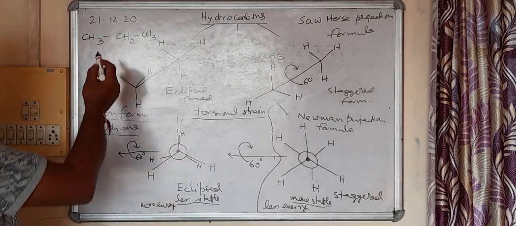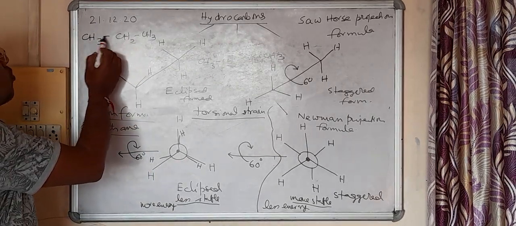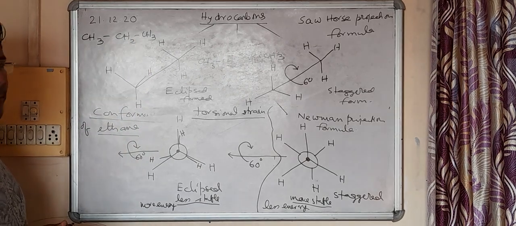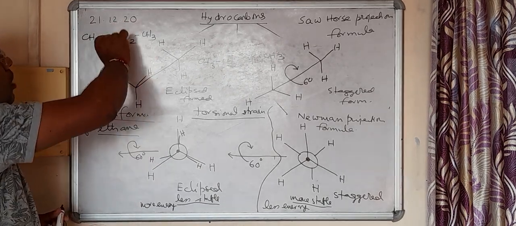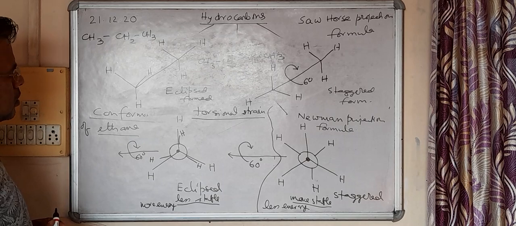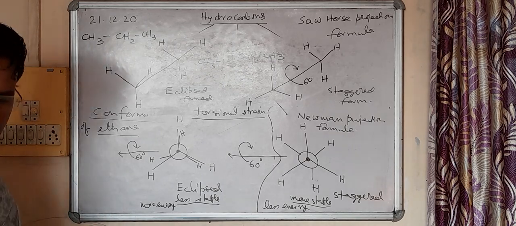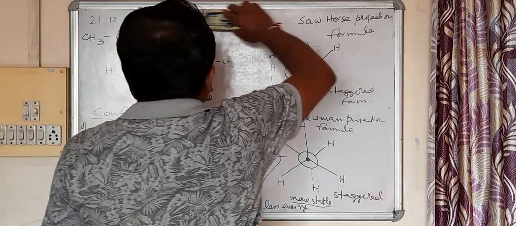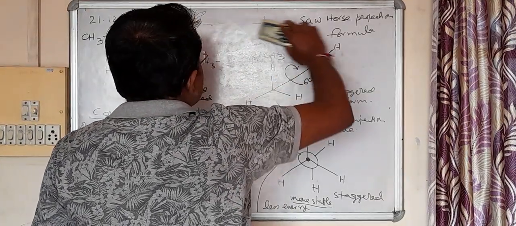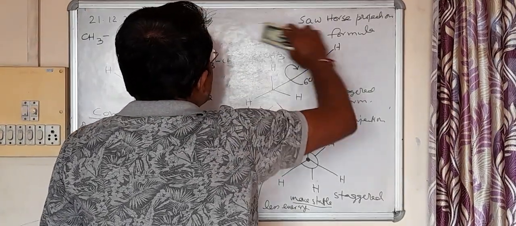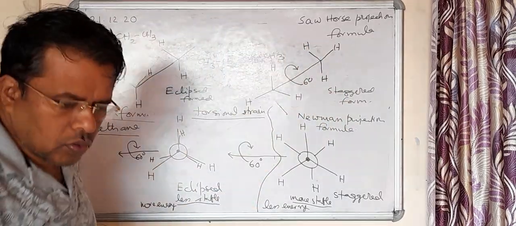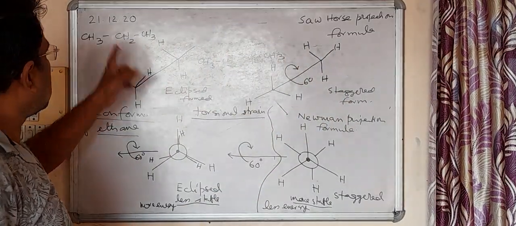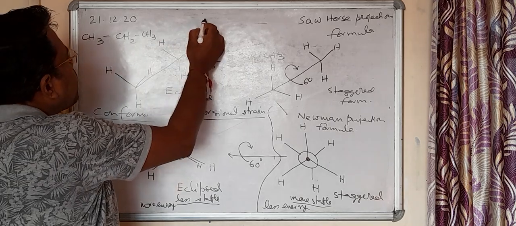Now here, in this case, you see this bond and this bond are the same. So you can consider rotation about any one of them. I'm just helping you in this way.